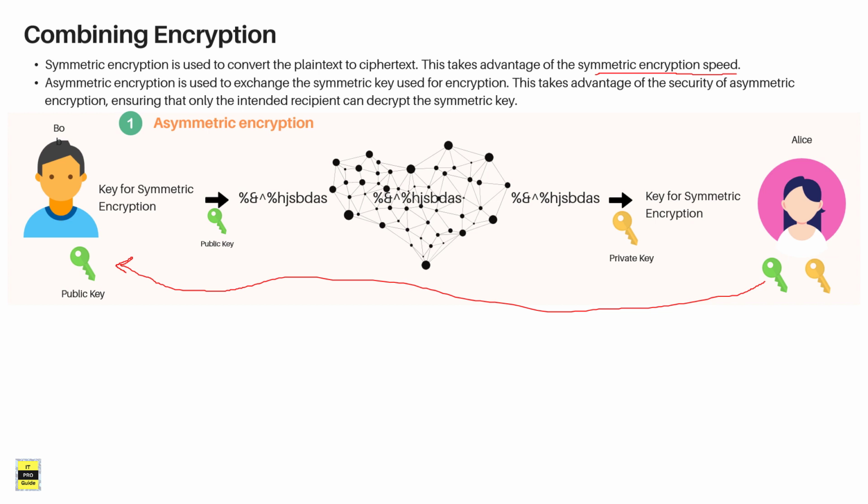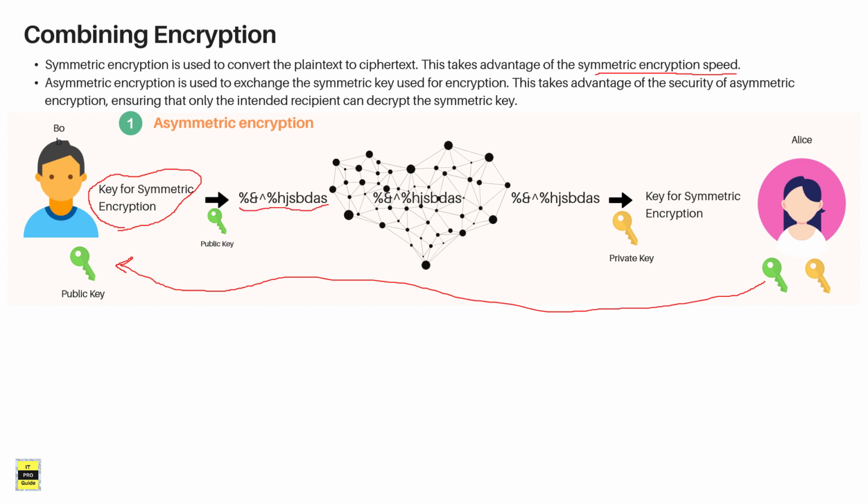So let's come back to the picture. Alice generated a key pair and sent the public key to Bob. Bob is going to encrypt the key that they are going to use for the symmetric encryption. So now the communication channel is asymmetric encryption.